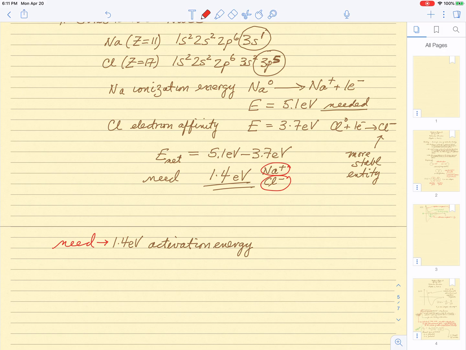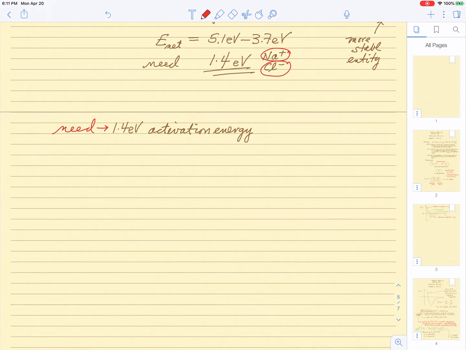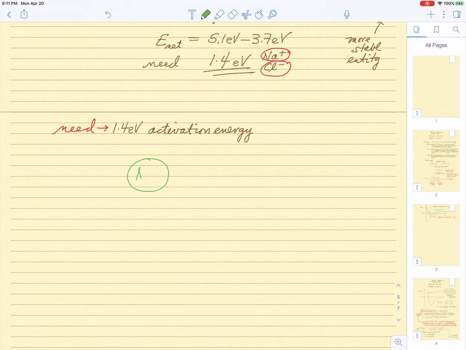What that looks like graphically is the following. We form the sodium ion, we form the chloride ion, and this needs 1.4 electron volts.